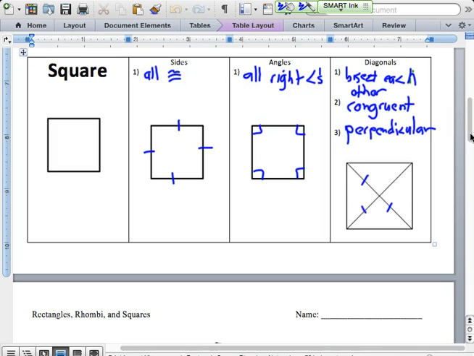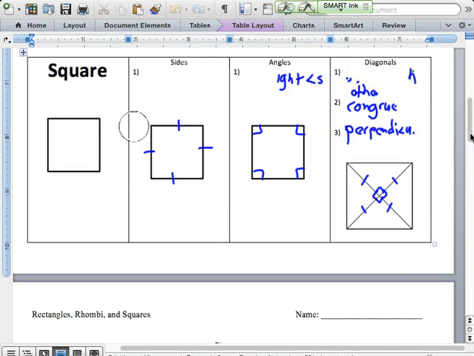Since they're congruent, these are going to be the same also, and they're perpendicular. Okay, so now you also right here get into the same situation we had with rectangles, where you get these isosceles triangles on the inside of your square. So you can use triangle properties a lot of times with rectangles and squares. All right, so yeah, a square is kind of like you combine a rhombus and a rectangle together.